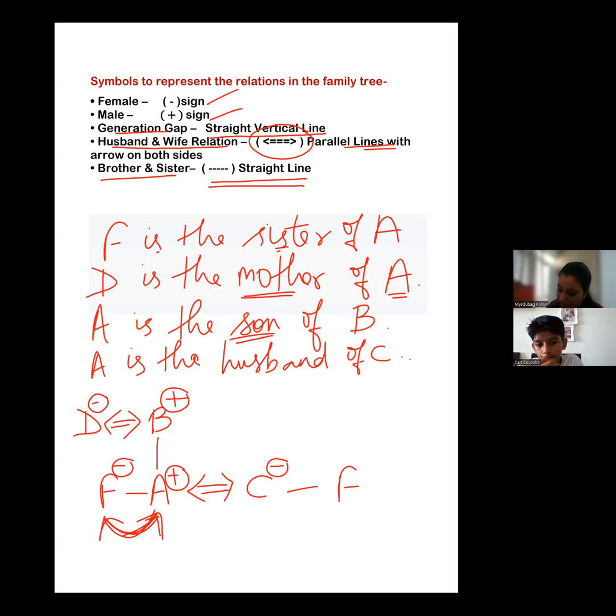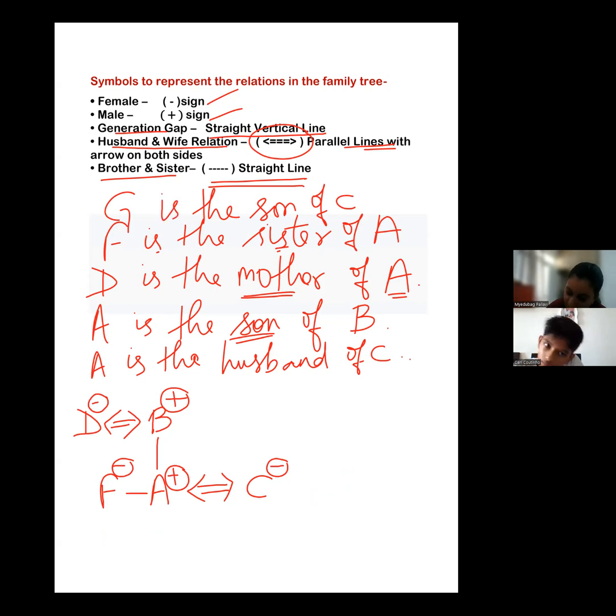In this, if we add another piece of information, for example, G is the son of C, the son of C will be one generation below, so I'll show G like this. Since it is given son, a plus sign like this.